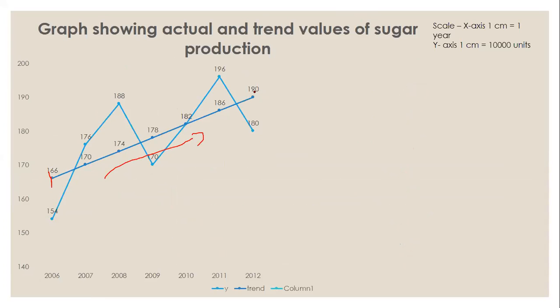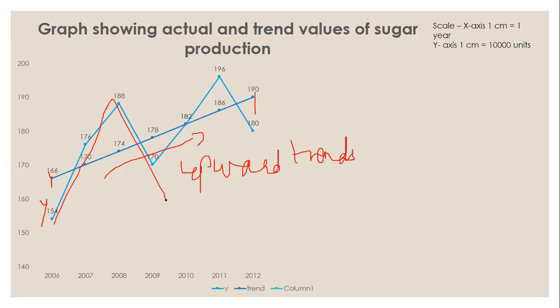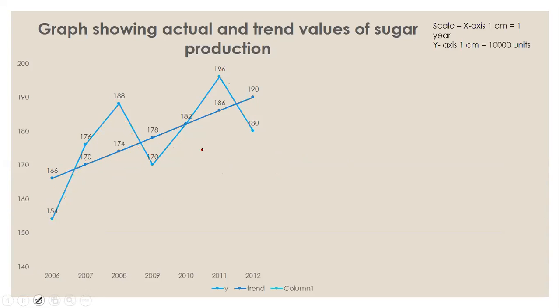It's increasing, so these are known as upward trends. But when you take y values, there is up and down and up and down. The trend values are in upward movement, so they are known as the upward trend of production.